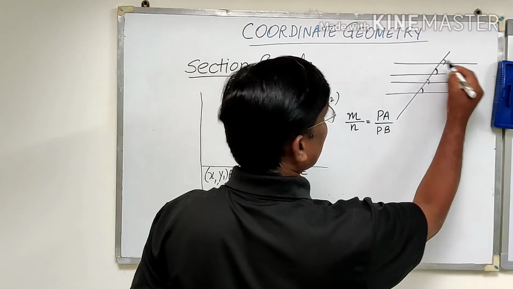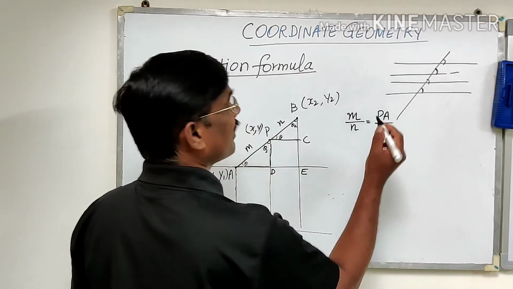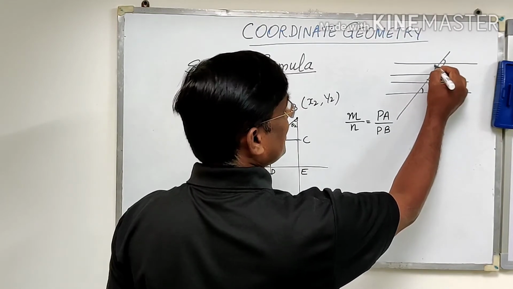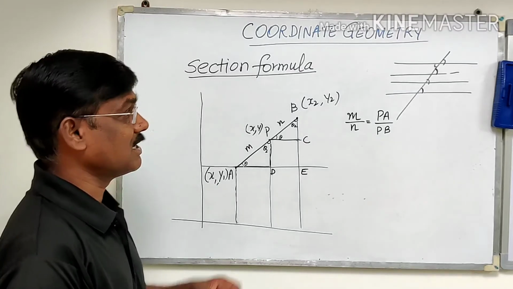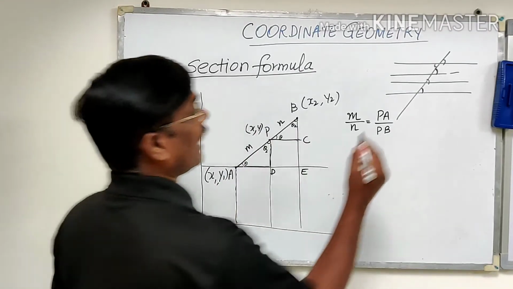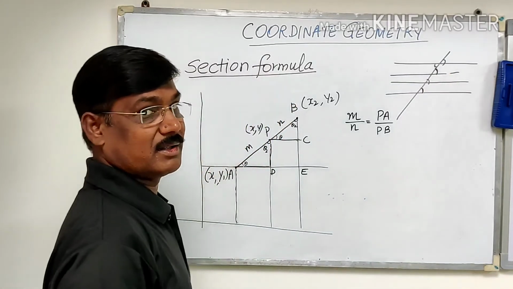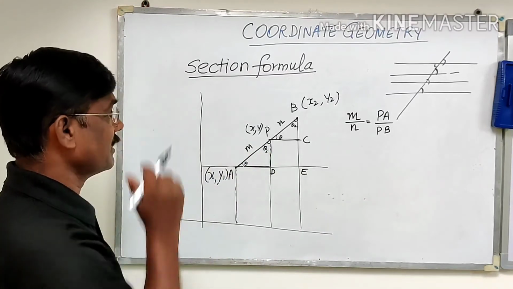Whatever be the parallel lines, these angles are all equal. Similarly, opposite angles are equal. This angle is equal to this angle. These are all the properties of parallel lines and transversal you have studied, and the sum of these two angles is supplementary, that is 180. These are some properties you can recollect, right?